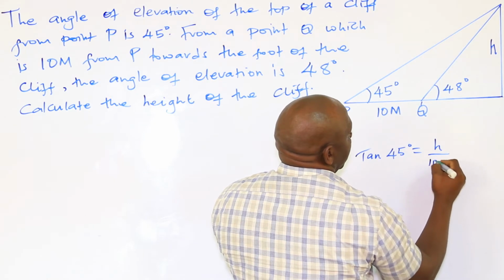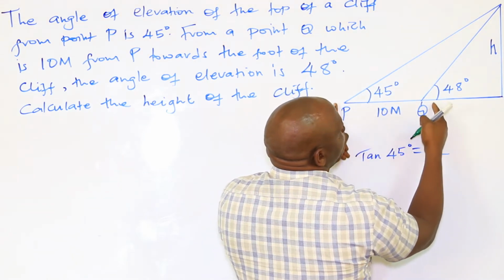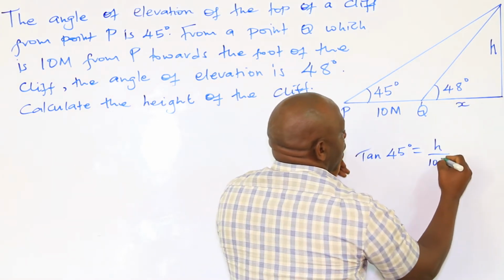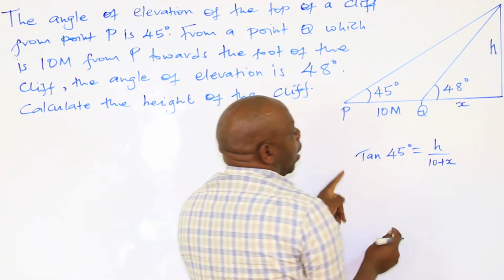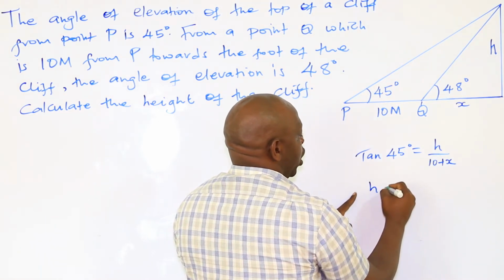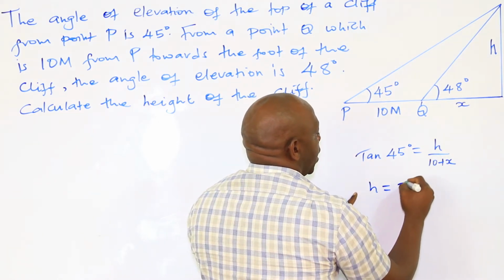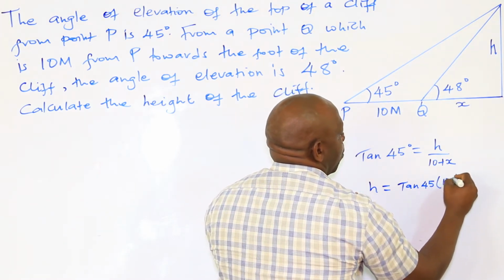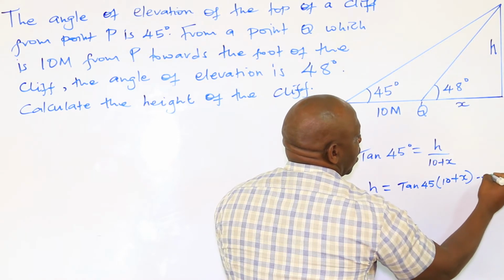The adjacent is 10 from P to Q, then from Q to the foot here, we let it to be x. So 10 plus x. And from there, you make h the subject to have h is equals to tan of 45 times (10 plus x). You call that equation 1.